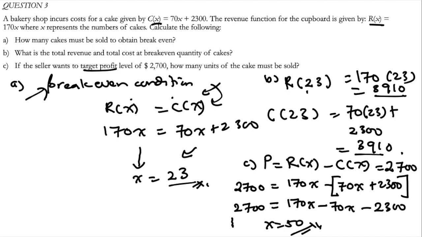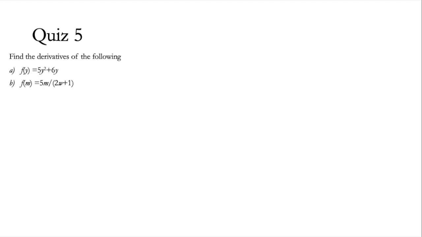We move to quiz number 5 now. Okay, so here for quiz number 5, I choose this question. Find the derivatives of the following. So f(y) equals 5y squared plus 6y. Finding the derivative means it wants you to find the answer for differentiation.